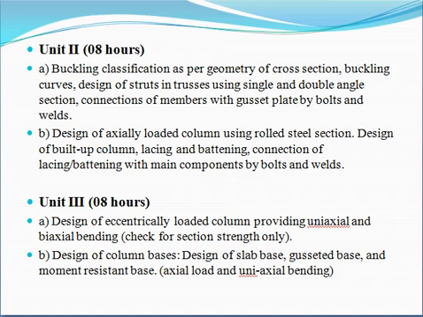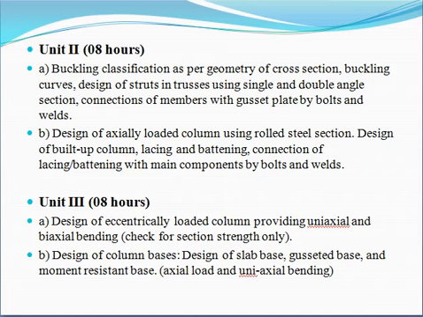Now part B. Part B consists of design of axially loaded column using rolled steel sections. What is the meaning of rolled steel sections? We will see in the next slides, or you can just see that these are the sections which are manufactured at the workshop. Now the next part is design of the built-up column.